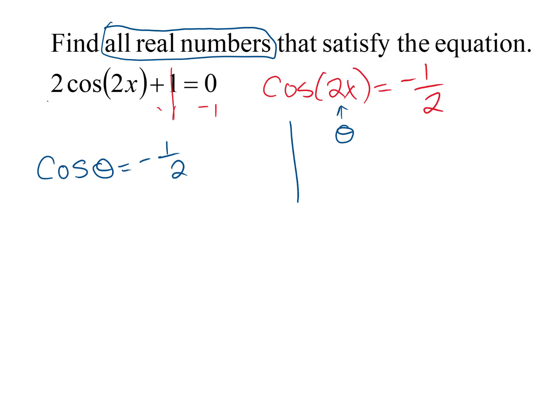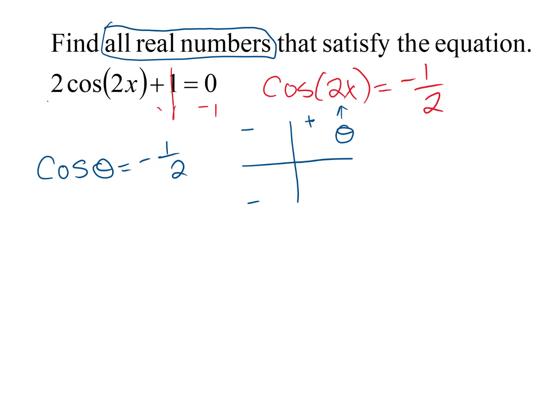So I'm going to think of the unit circle. When is the cosine negative? We know it's positive here, and cosine's the x value, so it's negative here and it's negative here. So we need answers that are going to be in quadrants 2 or 3. And we want to know when the cosine is negative 1/2.